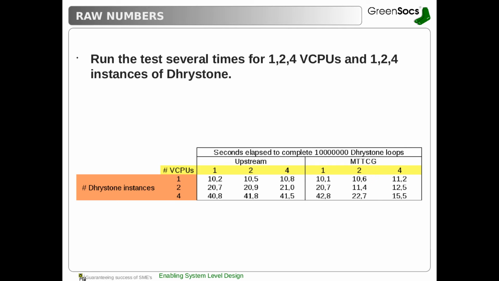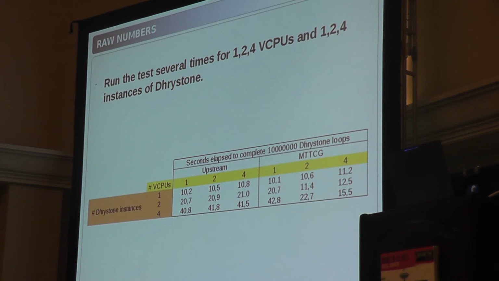So is the performance really better? Yes, I guess. I took some numbers with several tests just to have more precise results. I ran the test with 1, 2, and 4 vCPUs, and then 1, 2, 4 instances of Dhrystone, just to check. From this table, we can extract the last line.